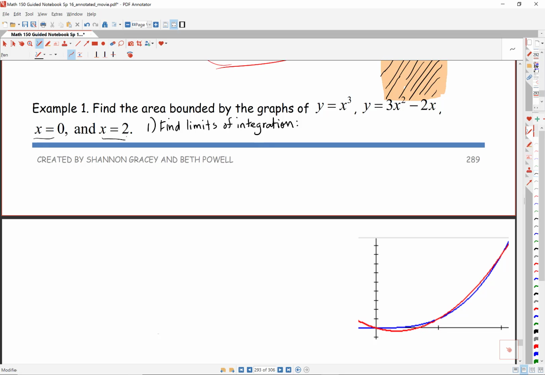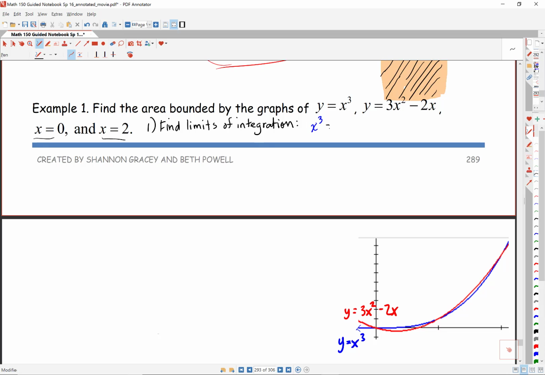I'll start with y equals x cubed, which was our blue graph, and then our red graph is y equals 3x squared minus 2x. So if we set x cubed equal to 3x squared minus 2x, and solve that, let's see what happens.